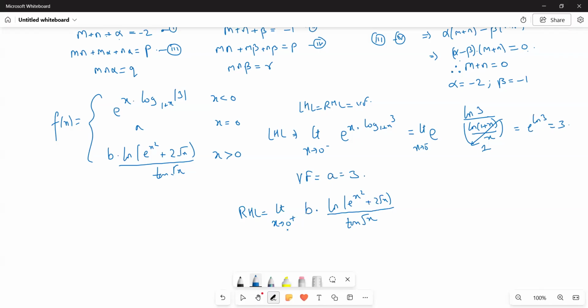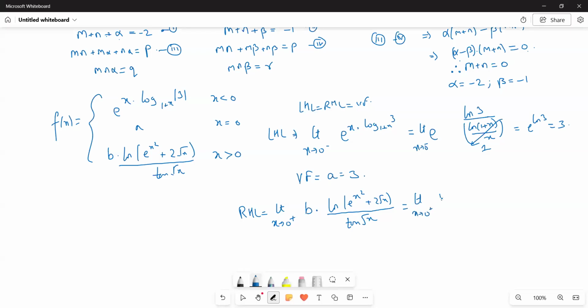Now let's check the form of this as x tends to 0. What's the form over here? Infinity by infinity. So well, either you can apply L'Hopital in this, या फिर L'Hopital में differentiation अगर थोड़ा सा complicated हो जाएगा, तो we can do this as well.